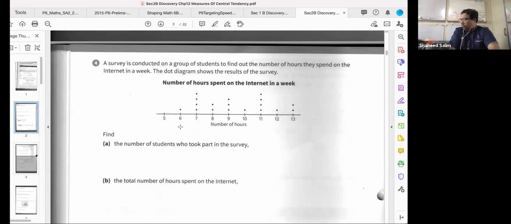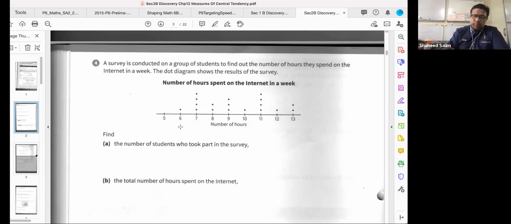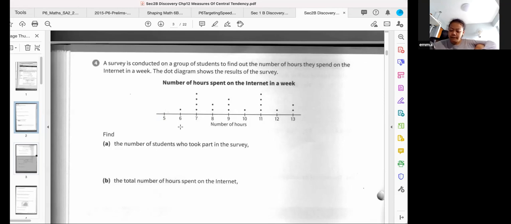You can write it on the screen also if you want to. 9.39.